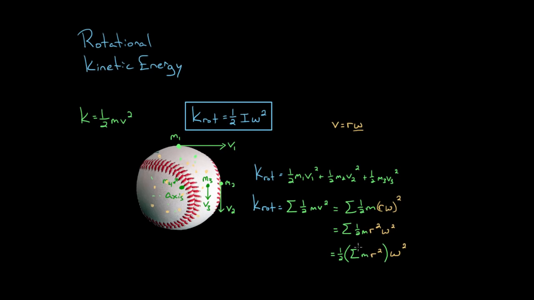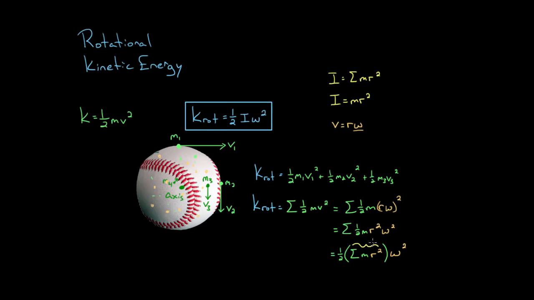This summation term is nothing but the total moment of inertia of the object. Remember that the moment of inertia of an object, we learned previously, is just mr squared. So the moment of inertia of a point mass is mr squared. And the moment of inertia of a bunch of point masses is the sum of all the mr squareds. And that's what we've got right here.